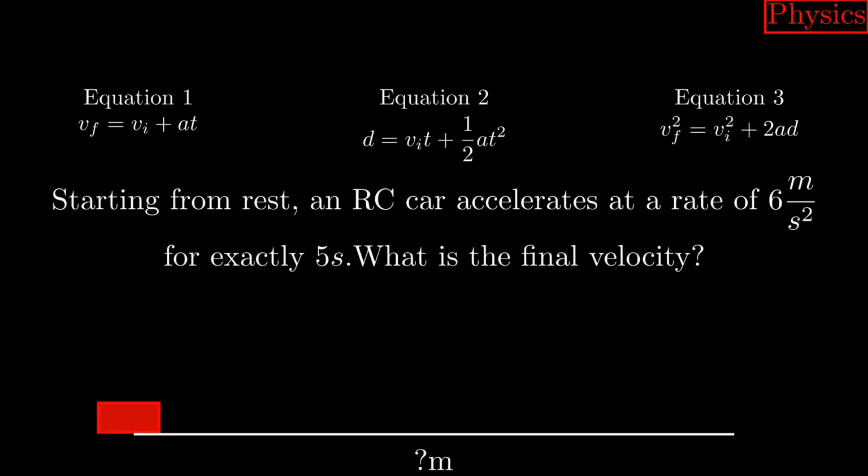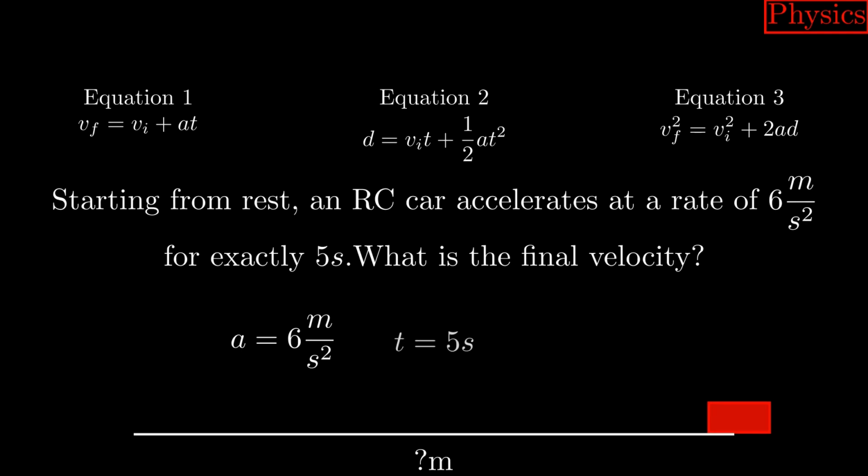So, starting from rest, an RC car accelerates at a rate of 6 meters per second squared for exactly 5 seconds. What is the final velocity? So, before we do any calculations, let's just keep track of what we know. When you see starting from rest, that means the object is not moving at the start of the problem.